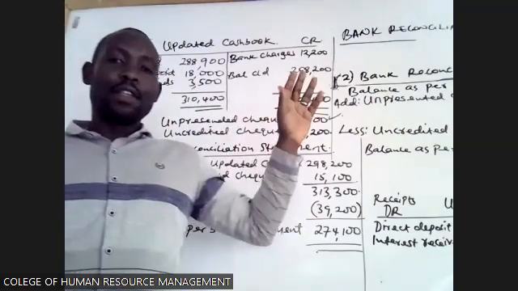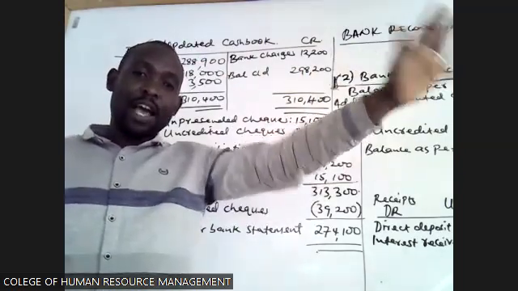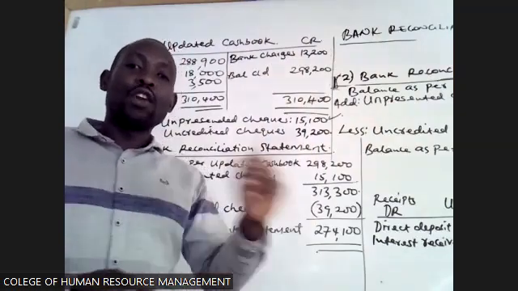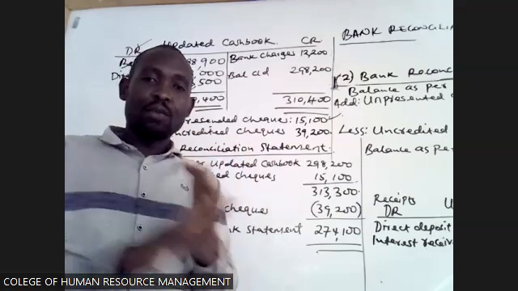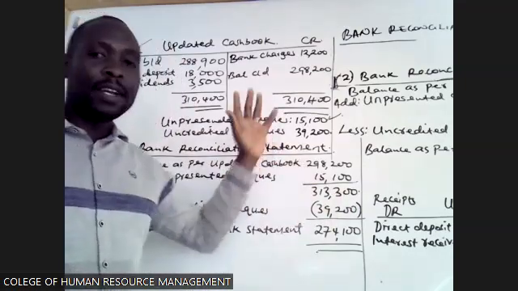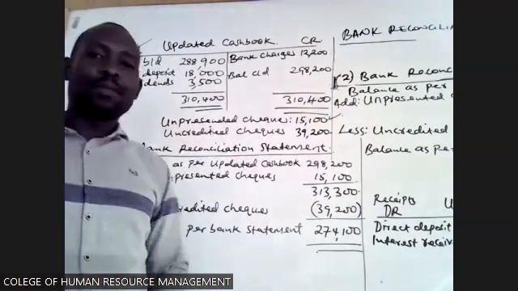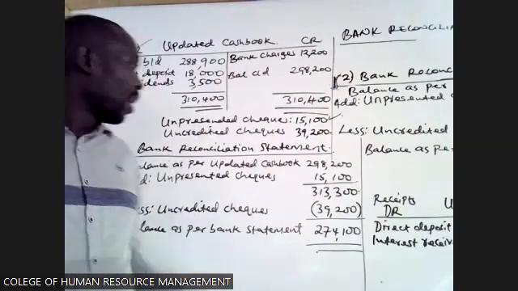Yes, please. Yes, sir. You know, they are in the cash book. Unpresented and uncredited checks, they are already in the cash book. They are only missing in the bank statement. We discussed these items that are in the cash book missing in the bank statement, said unpresented and uncredited and errors in the cash book. Because they are already in the cash book, you will go to your cash book that you are provided with in the question.